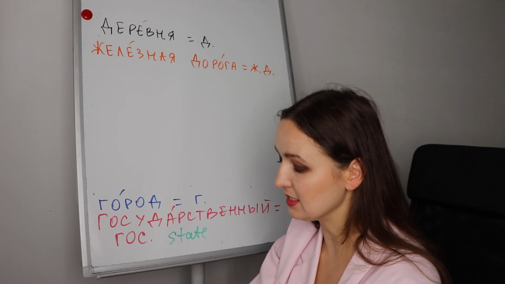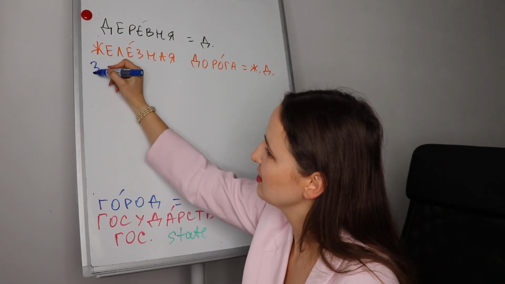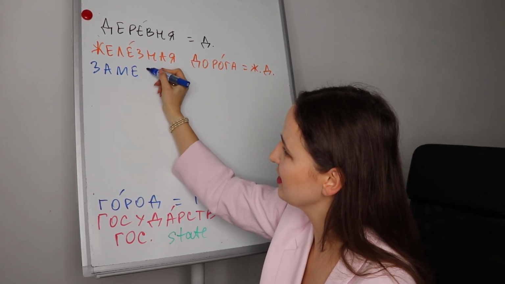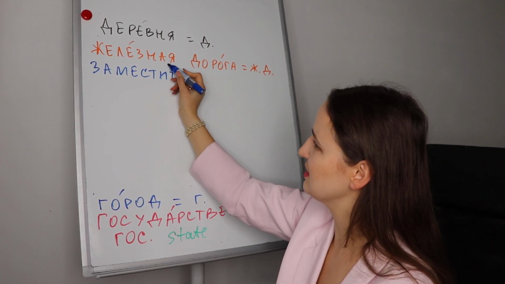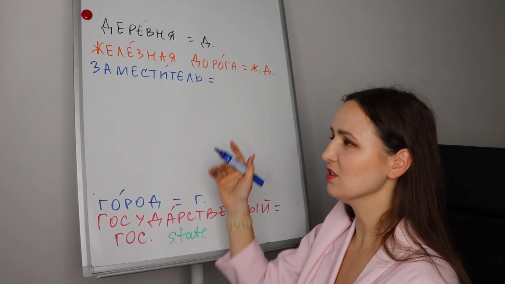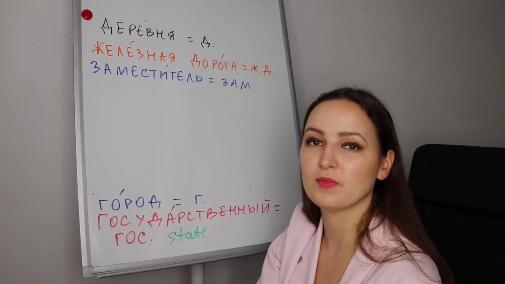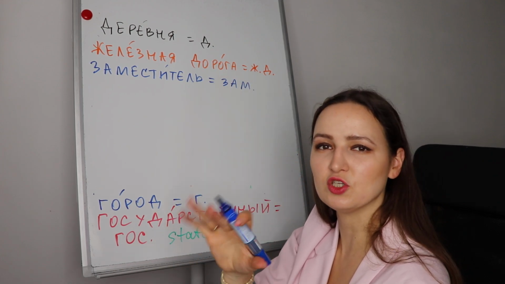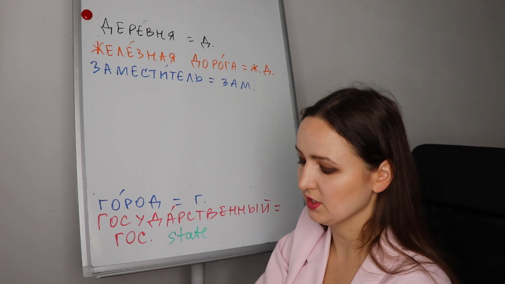Заместитель. Заместитель is a deputy or vice president or something. But very often you will hear just zam. We also use it in our speech. Zam. Заместитель. Vice or deputy.